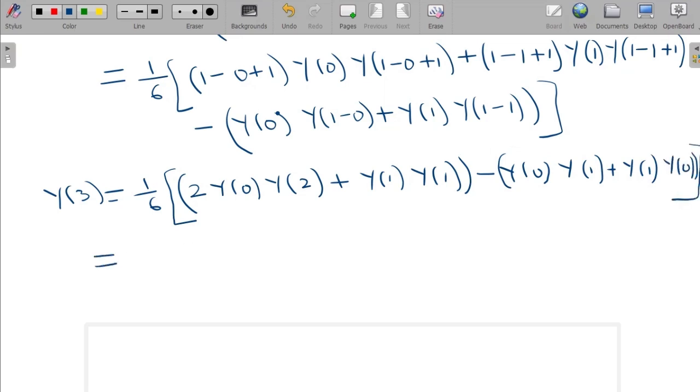So this will give us, of course, 2 times y of 0, which is 0, y of 2 is 0, plus 1.